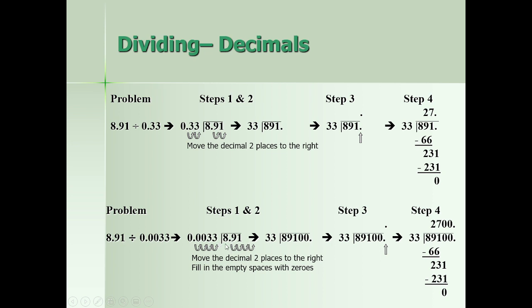You're going to do the same with the number within the house. 1, 2, 3, 4. Now we have to fill in the empty spaces with zeros. So we add those zeros that we're missing and the decimal point. Remember that the decimal point is going to go straight up and above the house. And now you start multiplying. As you can clearly see, since we added zeros, zeros are going to be added to our answer.